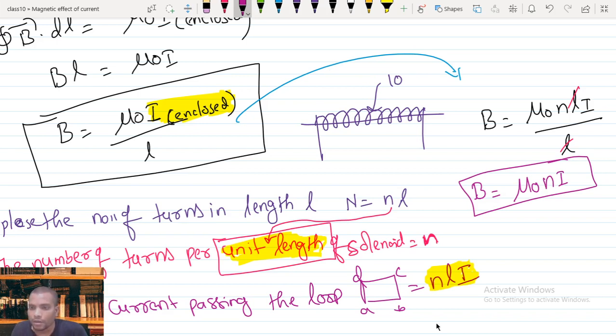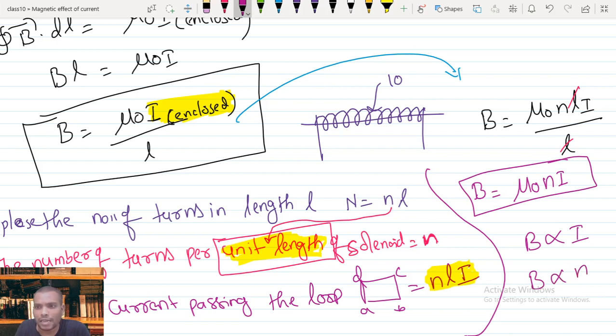Okay. Now how can we relate how the magnetic field strength increases? From this formula we can understand the magnitude of magnetic field is directly proportional to the strength of the current, and directly proportional to the number of turns per unit length. Here small n is the number of turns per unit length.